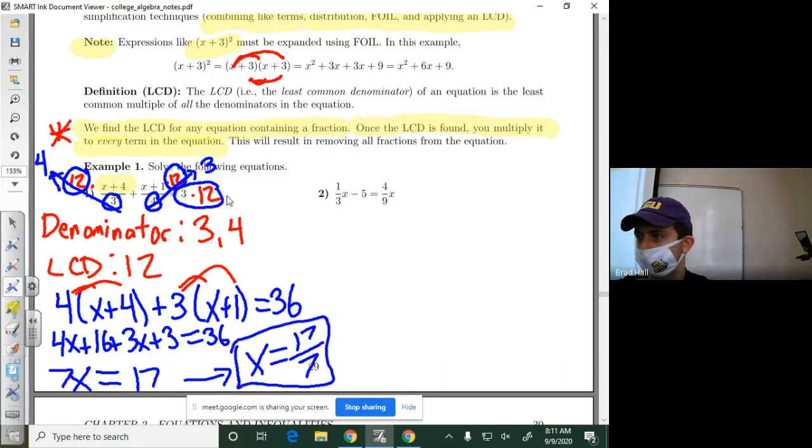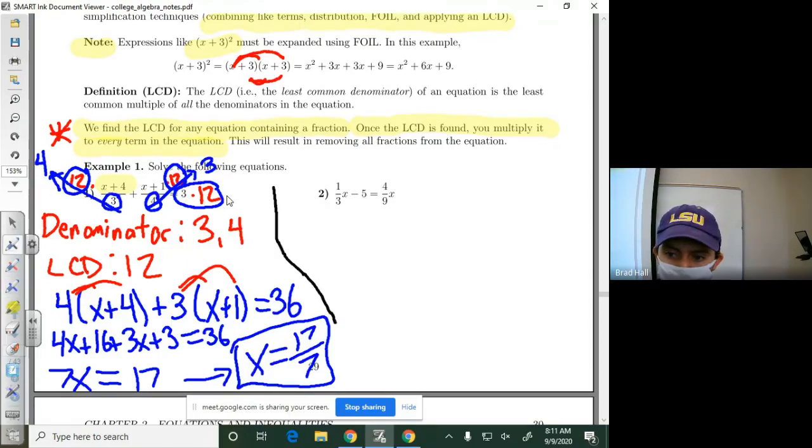And so we get that x is 17 over 7. So this is the general process, and we're going to be going over a few more of these. This is the idea.